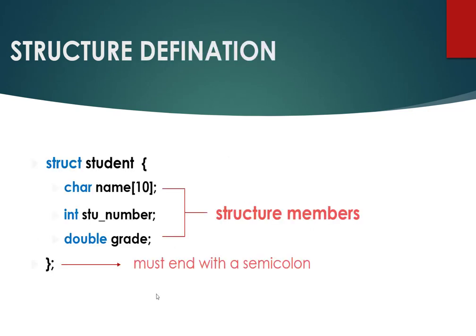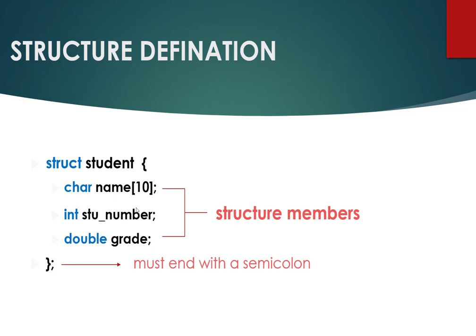To declare a structure in C, first you have to use the keyword struct and then the name of your structure. Inside of the opening and closing braces, I have declared three variables: a char name, an int student number, and a double for grade.